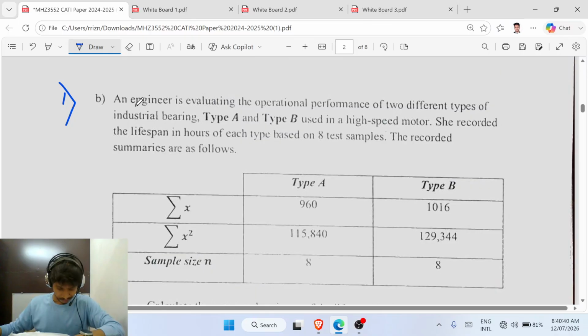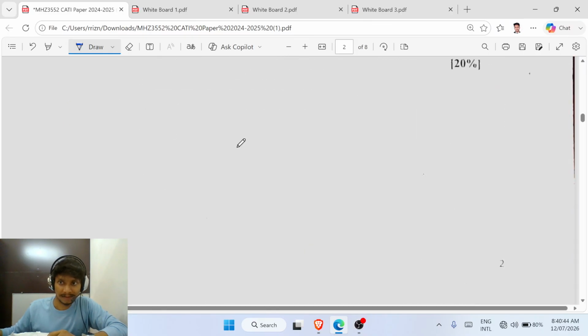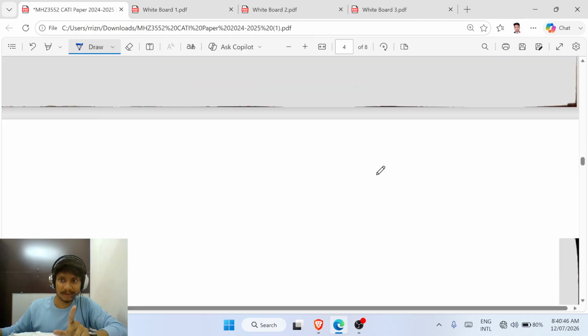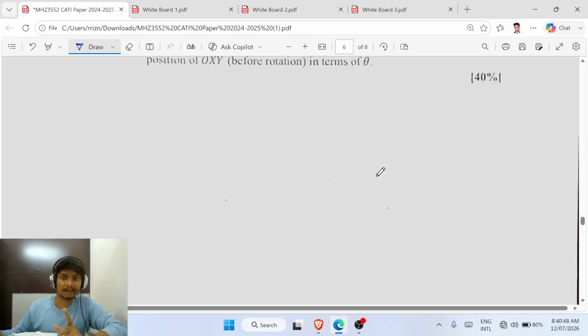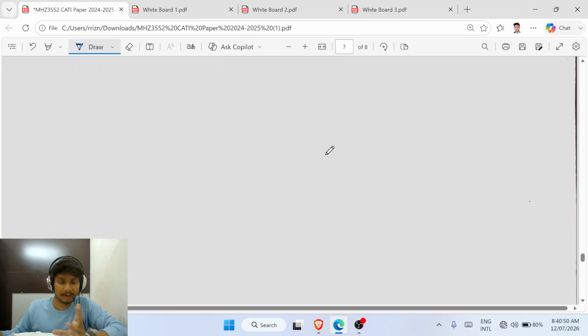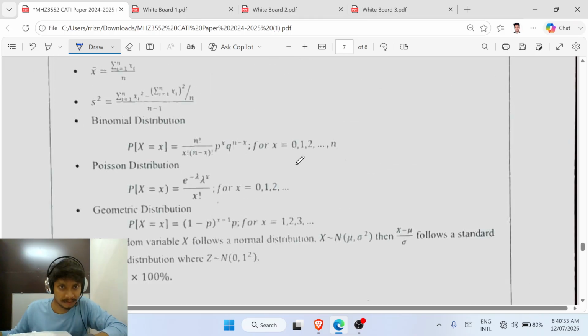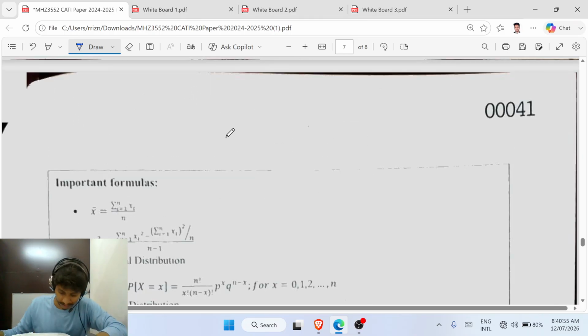Now, here we are going to the question. Please refer to the last page. They have given some formulas for our calculations. Don't forget, they mentioned the important formulas on the last page.